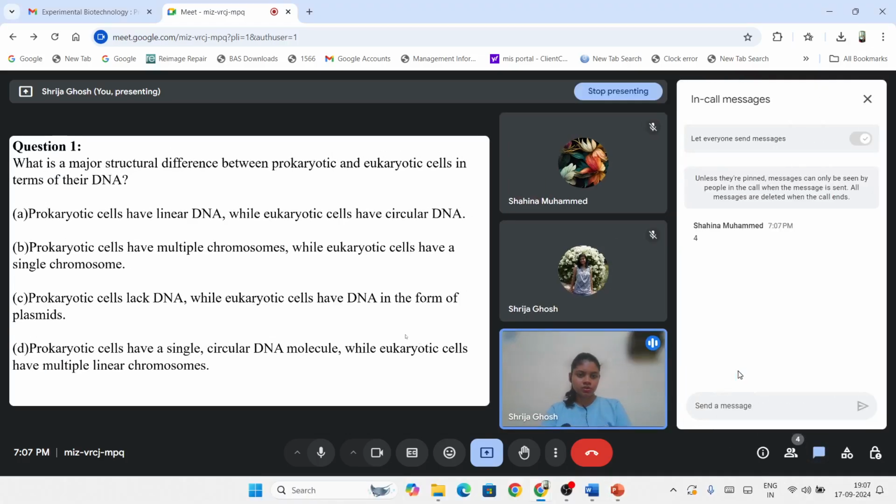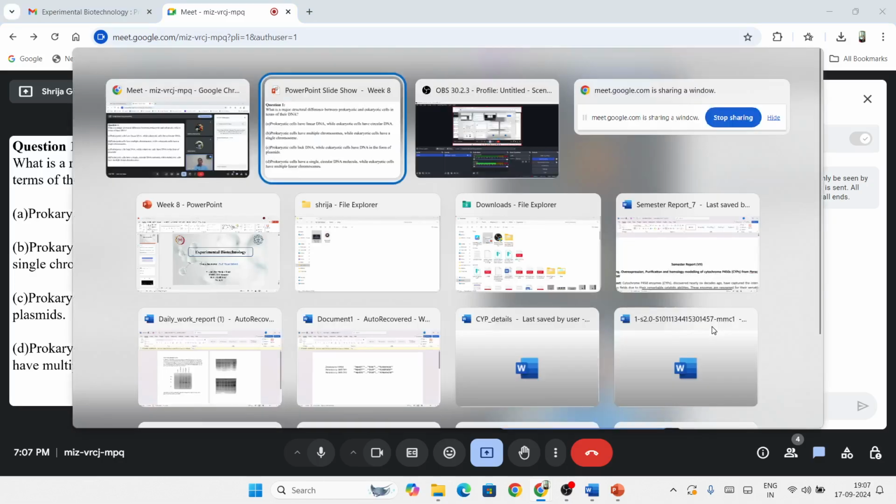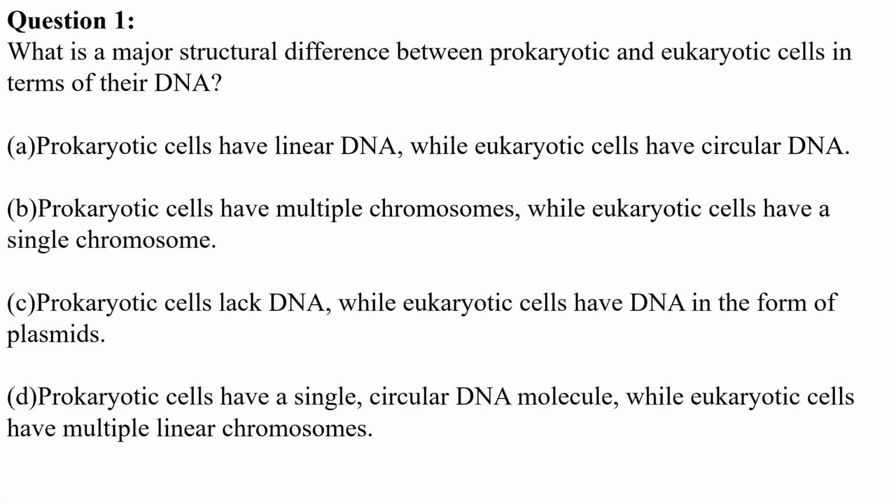Yes, you have answered the fourth option. That is the correct option. So structurally, the major difference between the DNA of a prokaryotic cell and a eukaryotic cell is that prokaryotes have a single circular DNA molecule, whereas eukaryotes have linear DNA, which is organized in specialized structures called chromosomes.